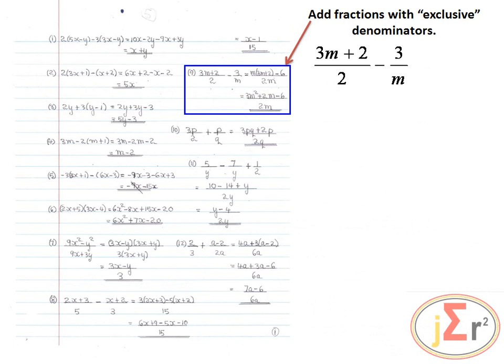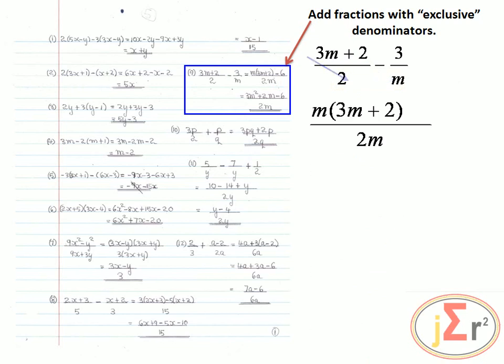And we will do the same as we have done before. The new denominator will be the product of the denominators, and we multiply those two. And do not forget that we are multiplying by those two terms in the numerator, and those two terms need to be placed in brackets.